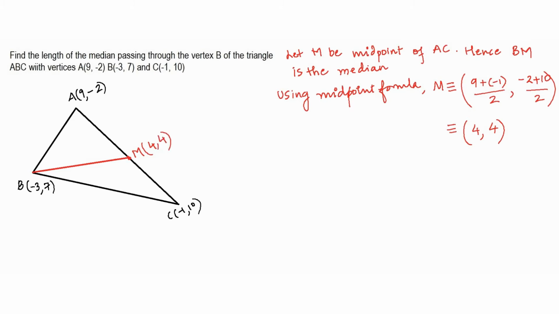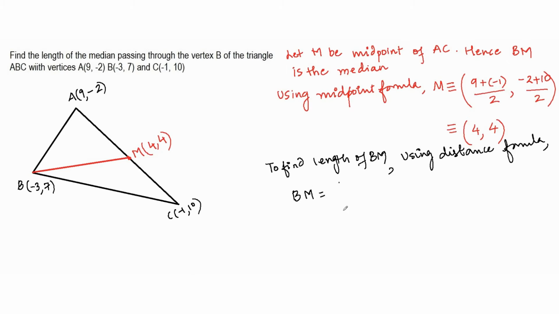Now to find the length of the median, to find the length of BM, I definitely have to use the distance formula, right? So using the distance formula, BM is going to be the square root of (minus 3 minus 4) the whole square plus (7 minus 4) the whole square.